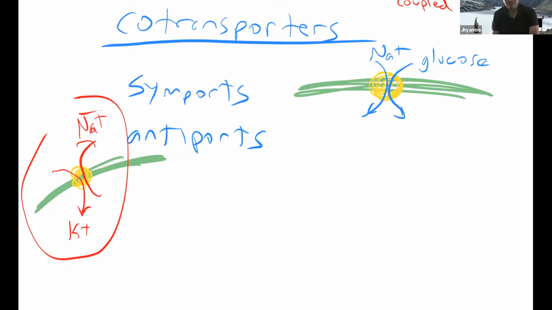Again, I think you just look at each one as individual. Right now we're just talking about the more general description. Sometimes they move things in together, sometimes in opposite directions. And then we'll see there's lots of different versions of these with different characteristics. But this is the most broad description of them.